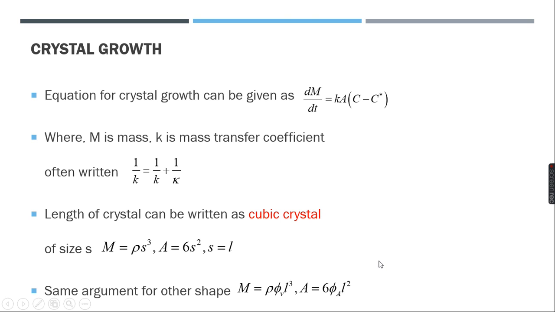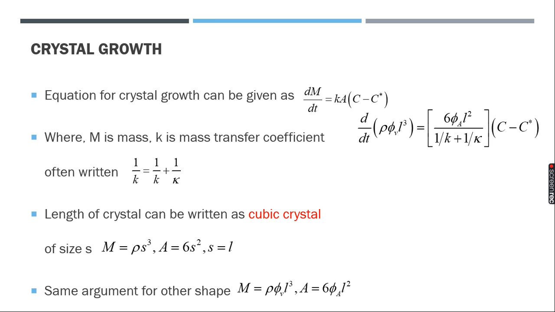So if we know mass and surface area, we can put them together over here. So for the rate of change of mass, dm/dt, we can write rho phi v L cubed, the derivative. And here similarly, as we had written kA, instead of that we can simply write 1/K equal to 1/k plus 1/kappa, the rate constants for mass transfer and reaction rate.